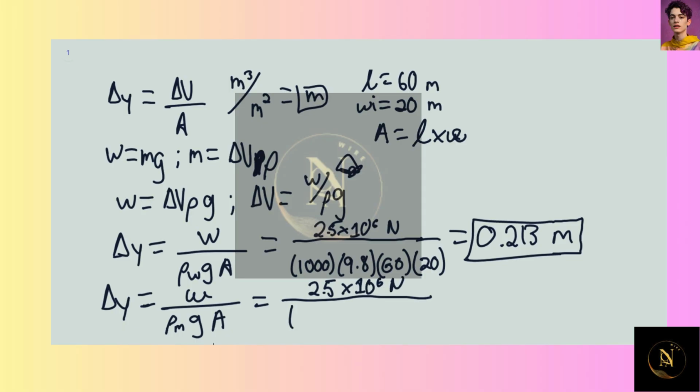And then we have the density of the metal. Here, the density of the metal is going to be 7,200 times 9.8, and again times 60 times 20. This is going to be equal to 0.0295. And this, we can annotate as delta y prime, and this is for part A.